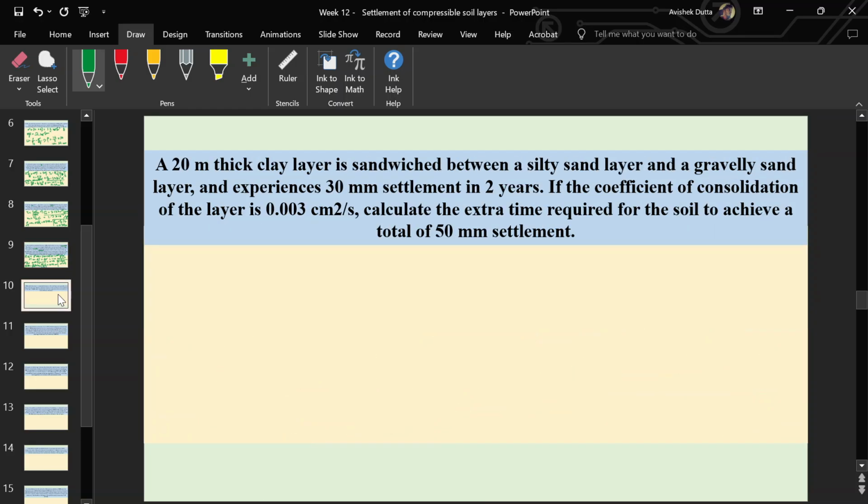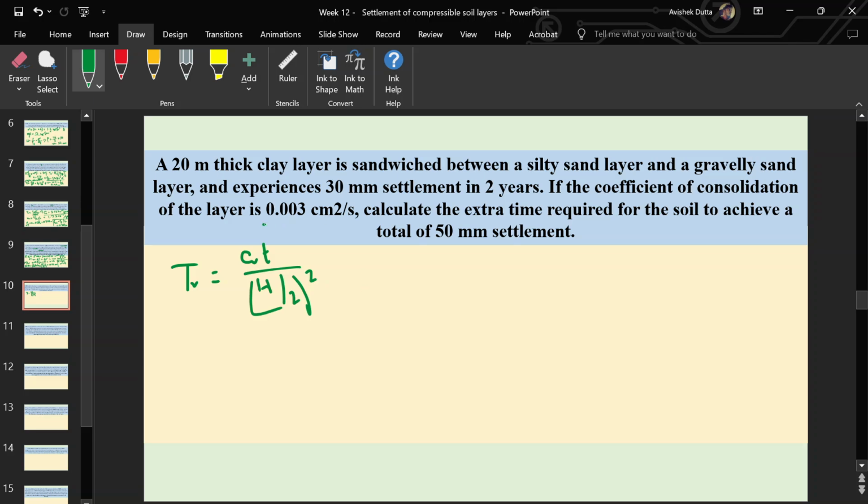Next question, 20 meter thick clay layer sandwiched between silty sand and gravelly sand layer. So tell me one thing, is it double drainage or single drainage? Double drainage. Yes, good. So first of all, we can find out the value of Tv, time factor, Cv t by (H by 2) whole square.